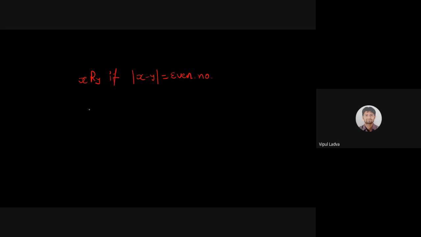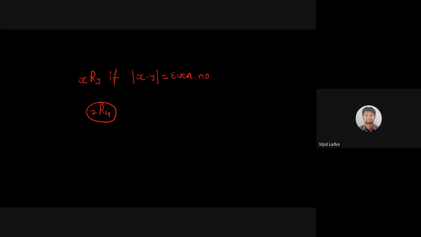As per the definition of that relation, I just said x is in relation with y if the absolute value of x minus y is an even number. Is it? That was the definition of that relation. Now you want to pick which numbers you want to pick? 7,4.